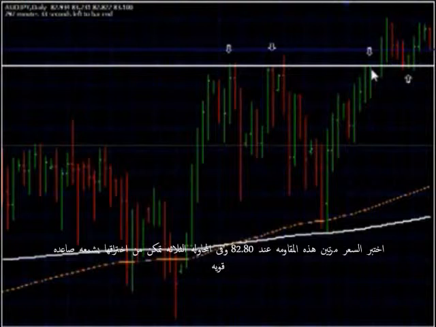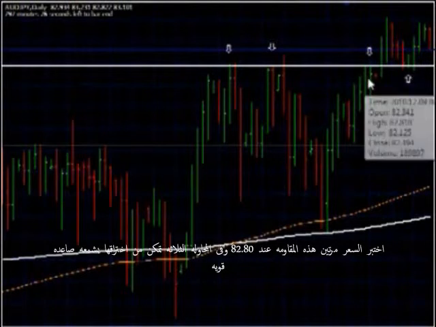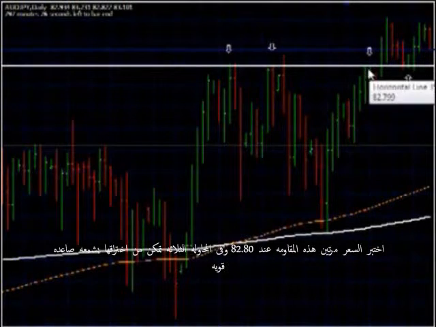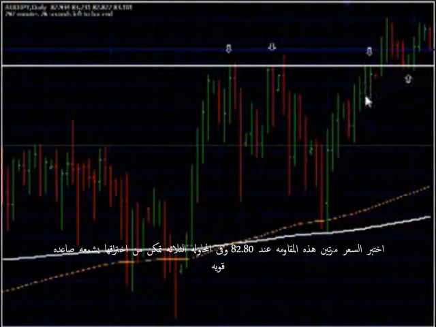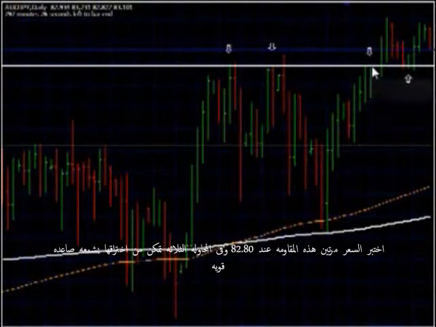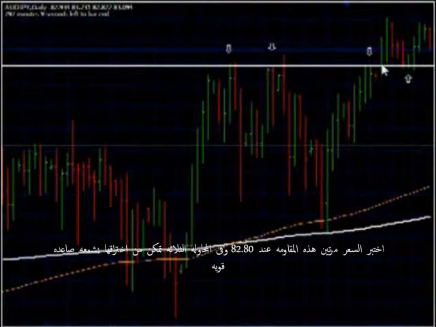We shared this in our group, where we believed that price would eventually break up at this point in time, which it did. Price touched the 82.8, got rejected, moved up, touched it still, got rejected, and on the third try it broke up with a nice bullish bar.